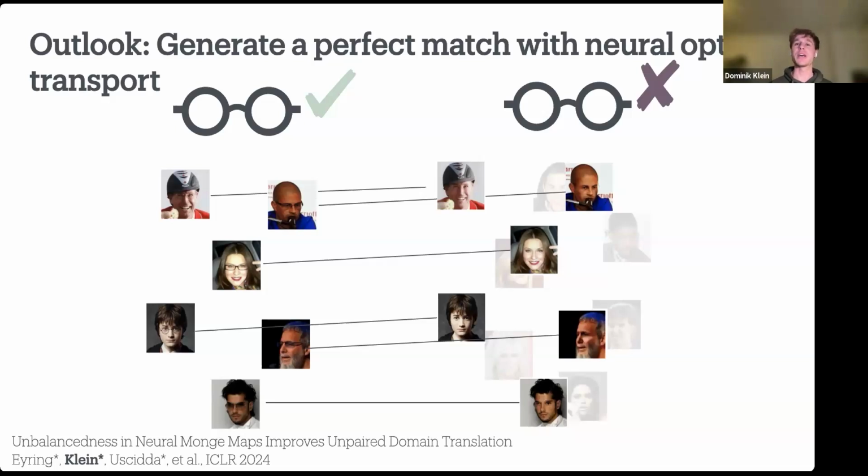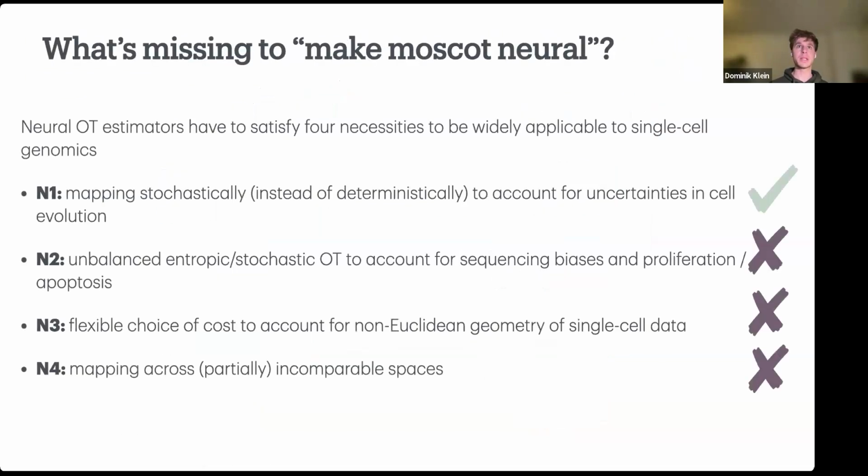And there are different ways of parameterizing these optimal transport couplings. So we also asked what's actually missing to make moscot neural, which means we don't want to have as output a stochastic matrix, a bistochastic matrix, which tells us which cell in the source distribution maps to which cell in the target distribution.